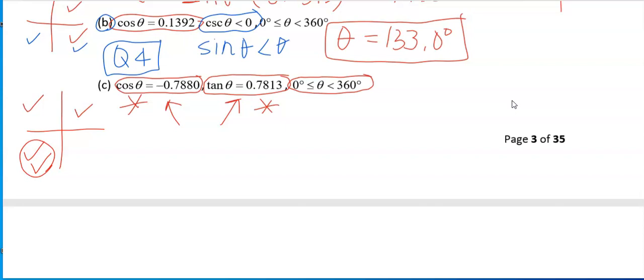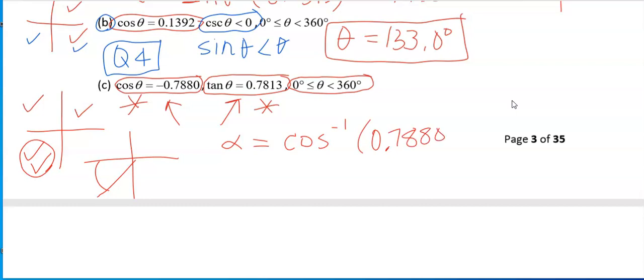So if you wanted to do it this way, let me set up my diagram here now. Quadrant number 3, there's my reference angle. If you wanted to find alpha as the inverse cosine of positive 0.7880, that would work absolutely fine. And so what you get in this case, let me check my handy dandy calculator.